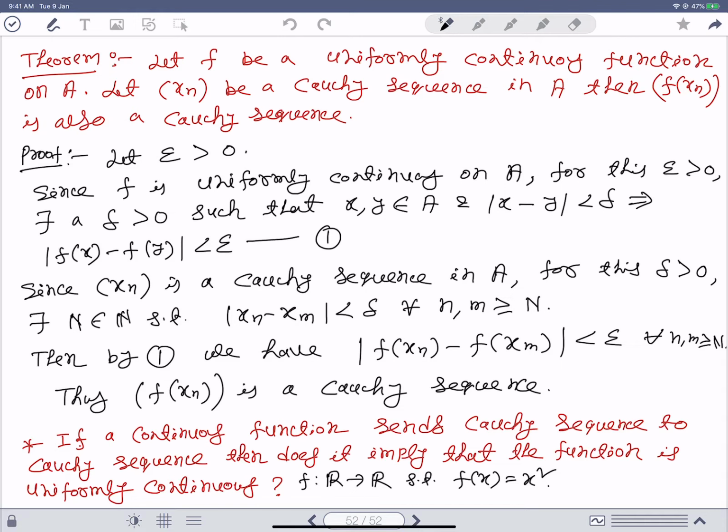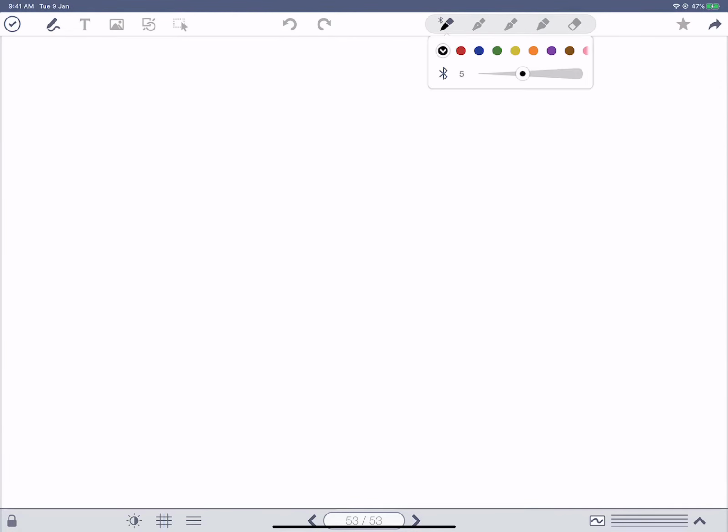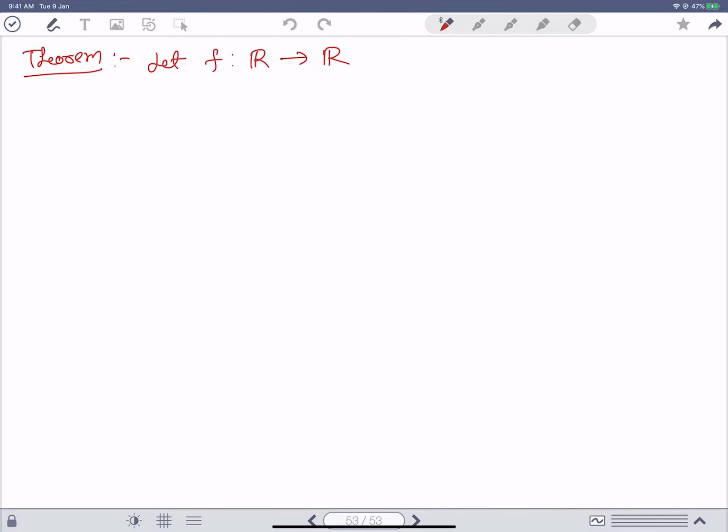Now we prove that the function sends every Cauchy sequence to a Cauchy sequence. In fact, we shall prove something stronger than this. Let f be any continuous function from R to R. That means the domain of f is R itself.